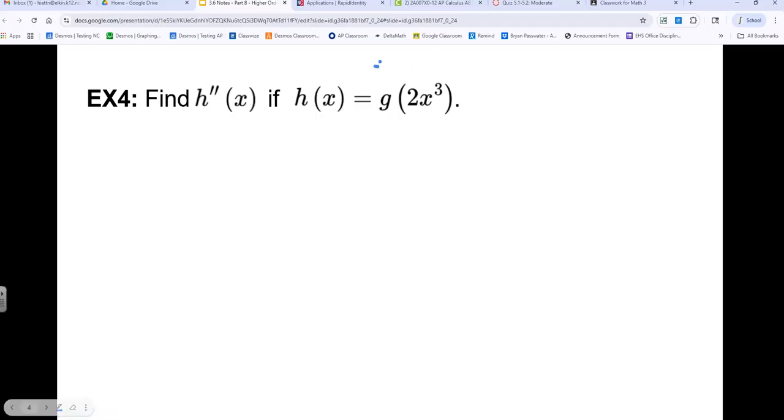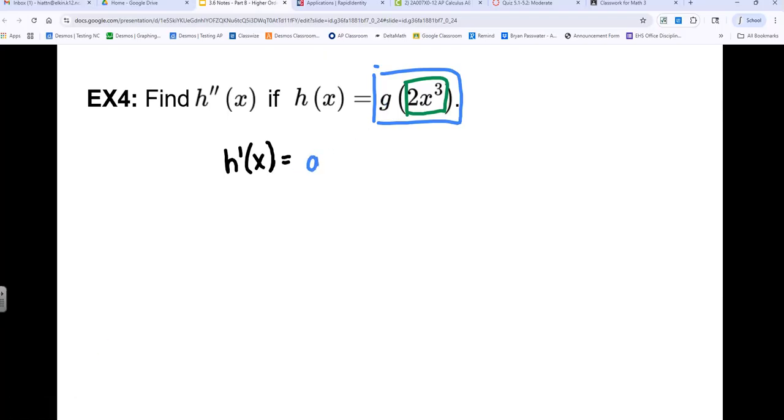Because I've got g as my function on the outside and 2x to the third as my function on the inside. So for my first derivative, h prime of x, I will get the derivative of g, which will be g prime of, I'm going to leave the stuff on the inside alone, 2x to the third.